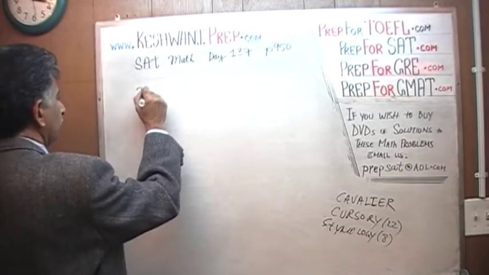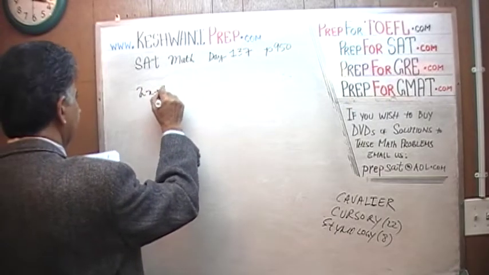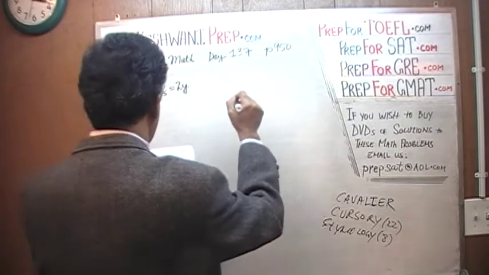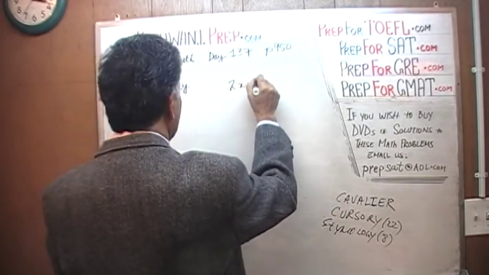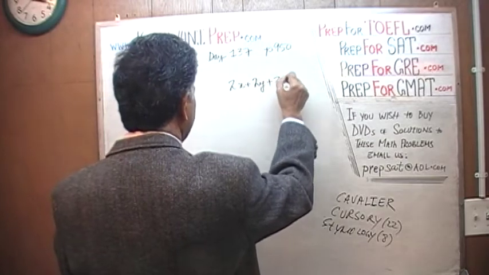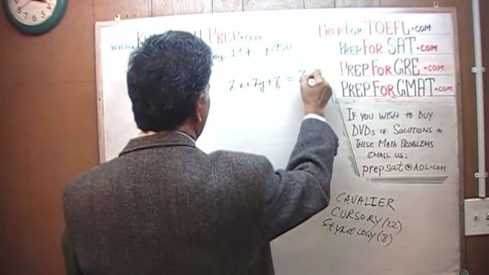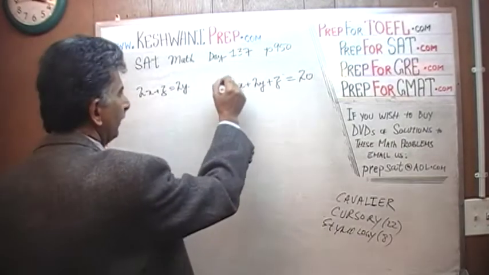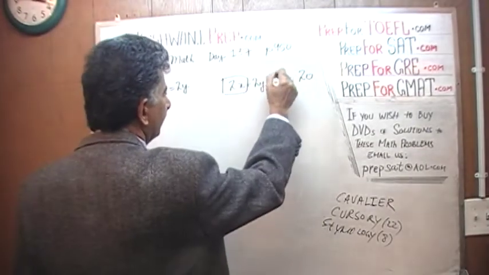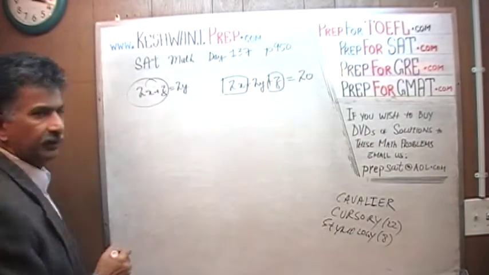We are told that 2x plus z equals 2y, and we are being told that 2x plus 2y plus z equals 20. Now that makes our life easier. That makes our life actually very easy, because here we see 2x and here we see a z, and we know what 2x plus z is.